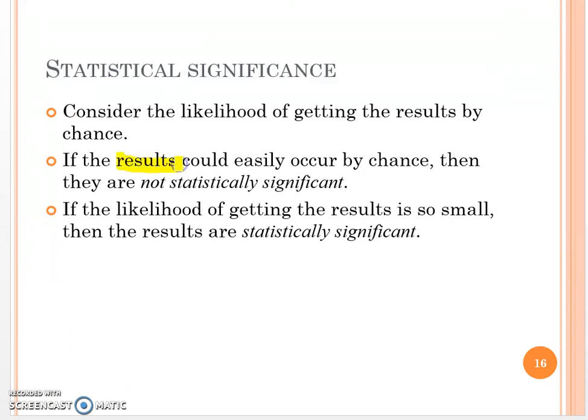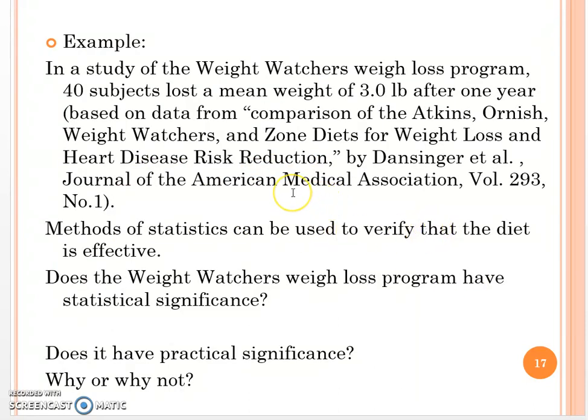If the result does not easily occur, if the likelihood of the result is small, then the result is actually statistically significant. Let's look at the next example.